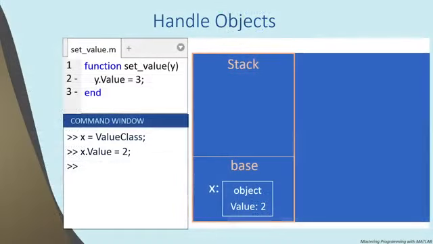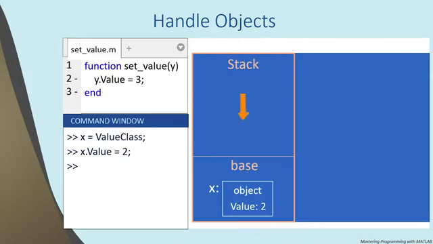Here on the left is a function named setValue in the editor window with the command window below it. On the right side, the blue box represents the memory, with the call stack on the left and the base frame for the command window's workspace at the bottom. The rest of the memory is on the right.